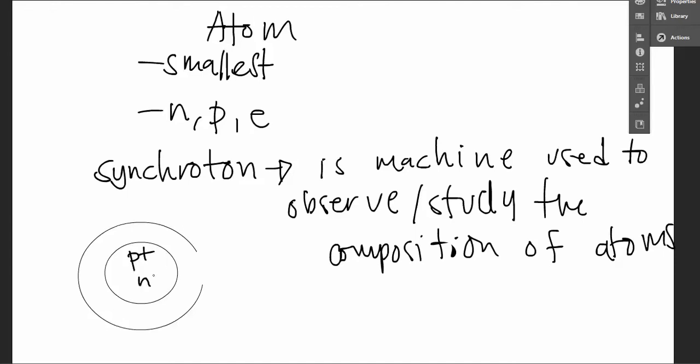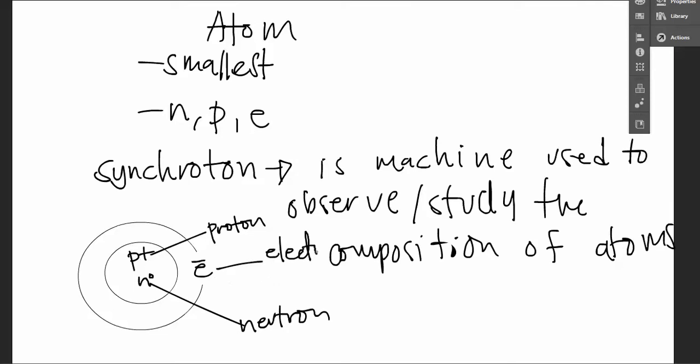P is positively charged and N has no charge. And outside, which is roaming around, we have the electron. Here, proton, neutron, and lastly, electron. These are the parts of an atom.